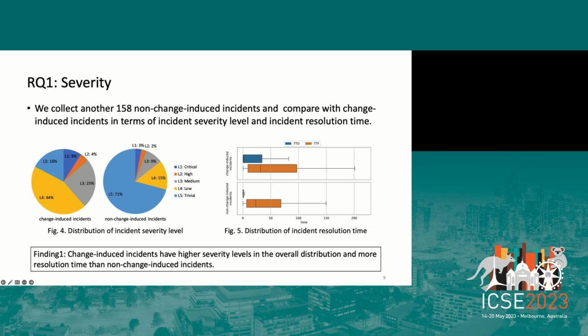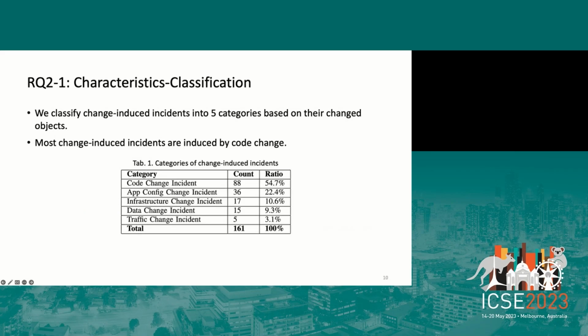We can find that change-induced incidents have higher severity levels in the overall distribution and more resolution time than non-change-induced incidents. Next, we classify change-induced incidents into 5 categories based on their change objects. We can find that most change-induced incidents are induced by code change.